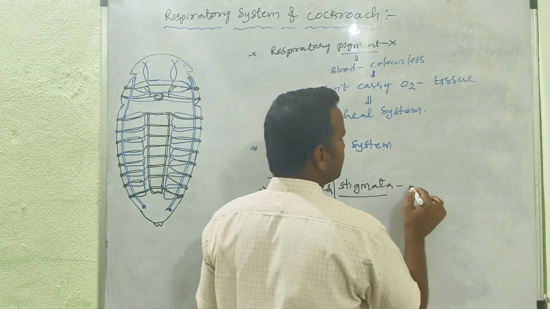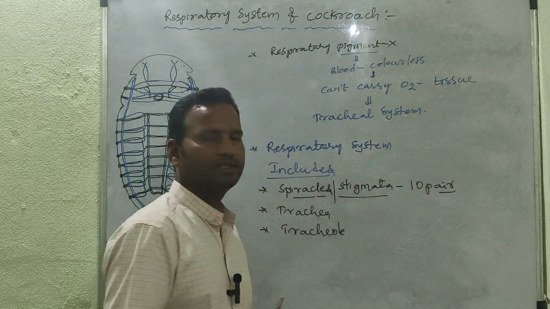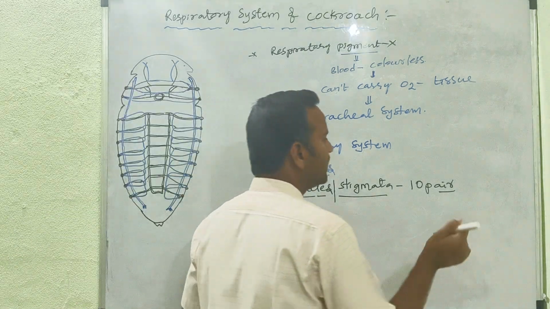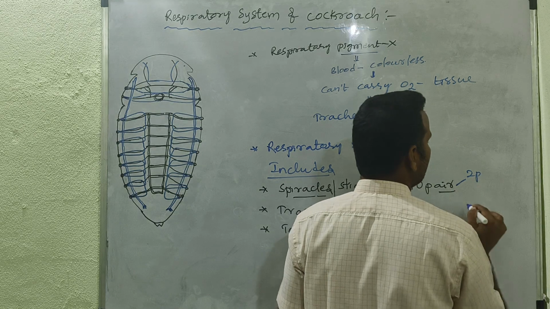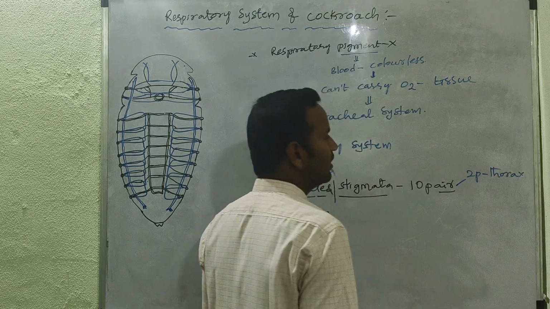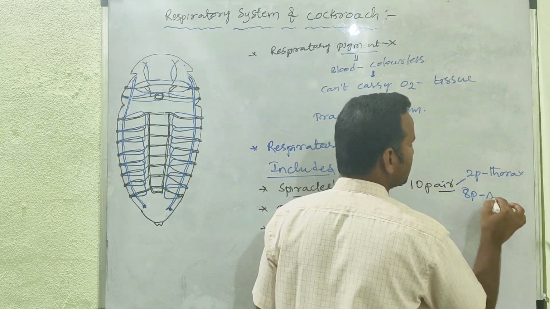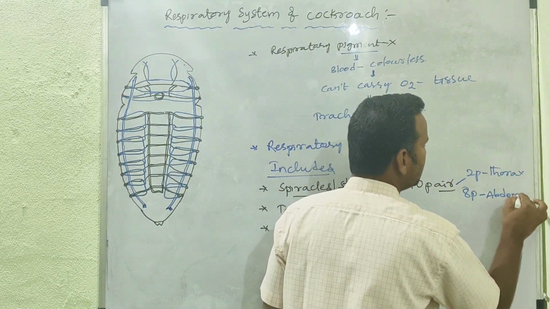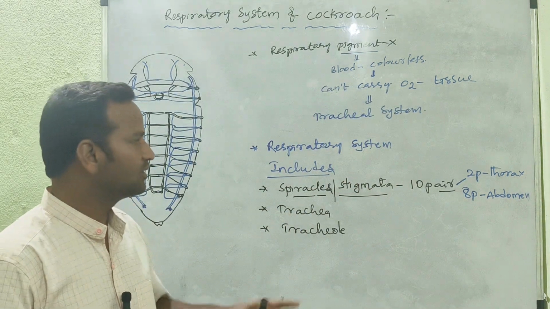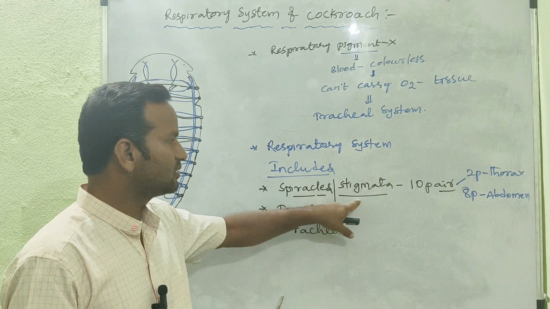Now, 10 pairs of spiracles are present. Out of 10, 2 pairs of spiracles are present in the thorax region and the remaining 8 pairs are present in the abdomen region. The spiracles are also called stigmata.